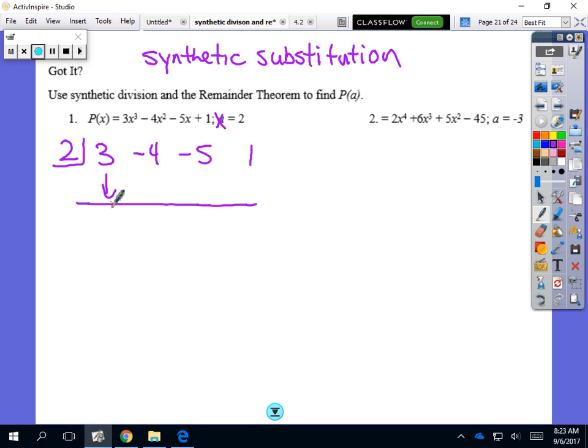You can time it and see which takes longer, but I think this is probably quicker if you're good at it. So the value of this function is this remainder, negative 1.